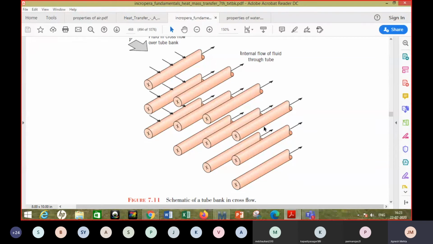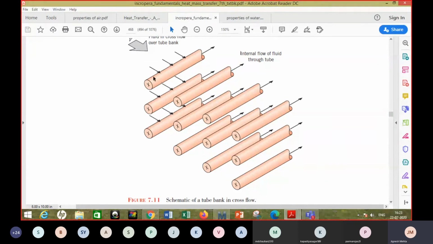When we study the theory of heat exchangers and solve some examples, you will better understand that. But one thing is that the fins are provided on the outer surface because it is air which is outside, which is a very poor medium for heat transfer. So you try to compensate for it by increasing the area on the air side.